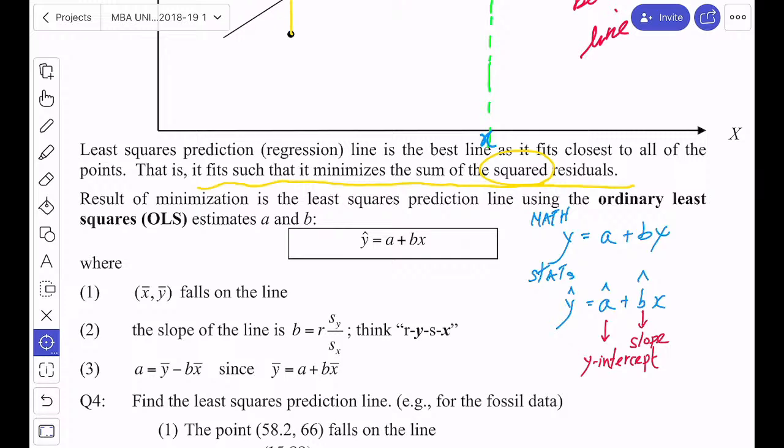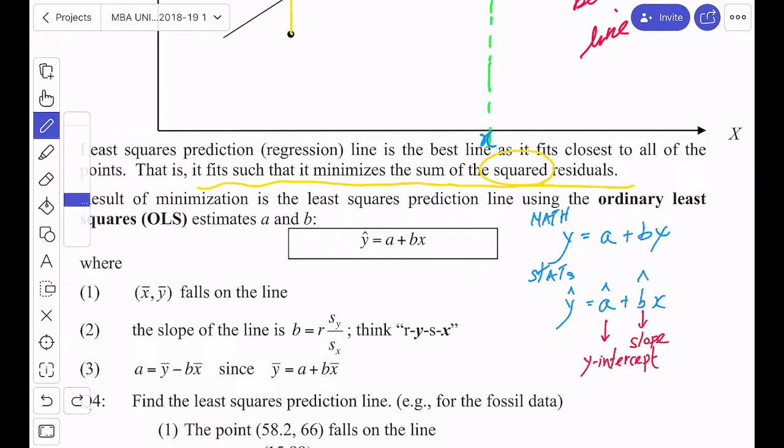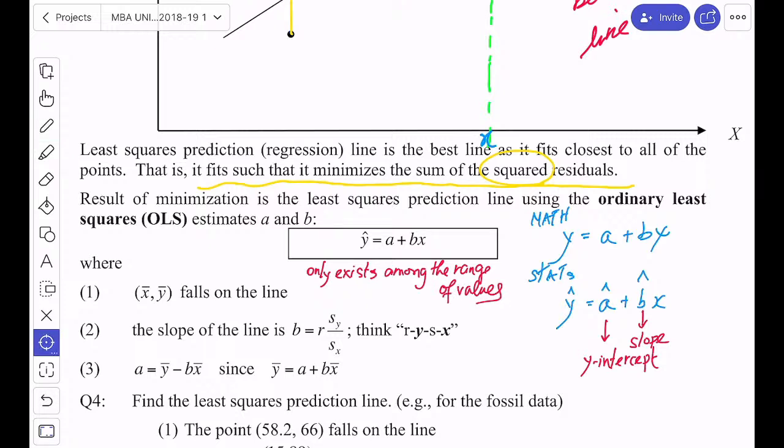It's drawn and expressed only among the range of values of the data.